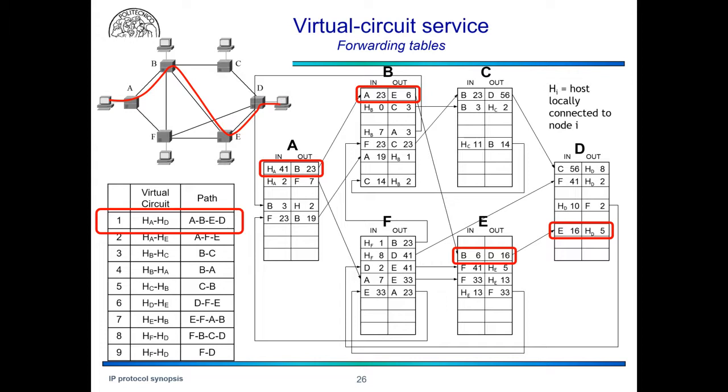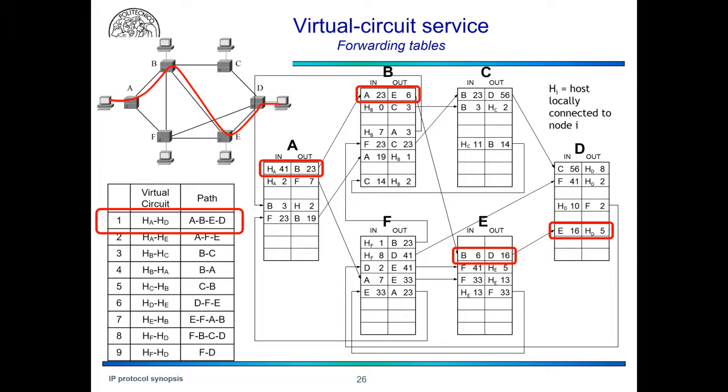Then in node B you have another entry where you find A, that is an input interface towards A, the identifier 23, then the corresponding output column says send the packet to node E, so the interface towards node E, and replace the virtual circuit identifier with the new value 6.